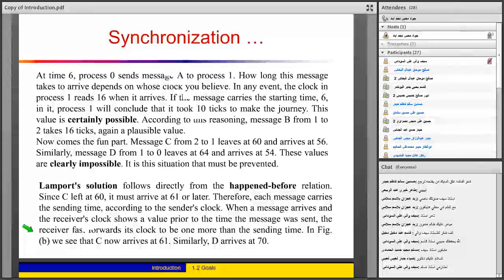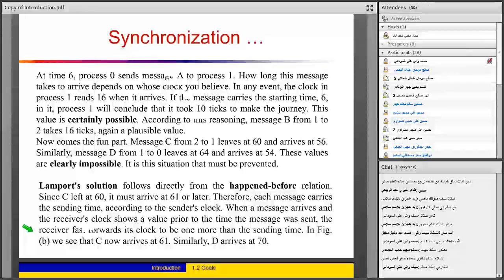One more than the sending time. We see that the receiver machine fast-forwards its own clock to be one more than the sending time, which is in the message.